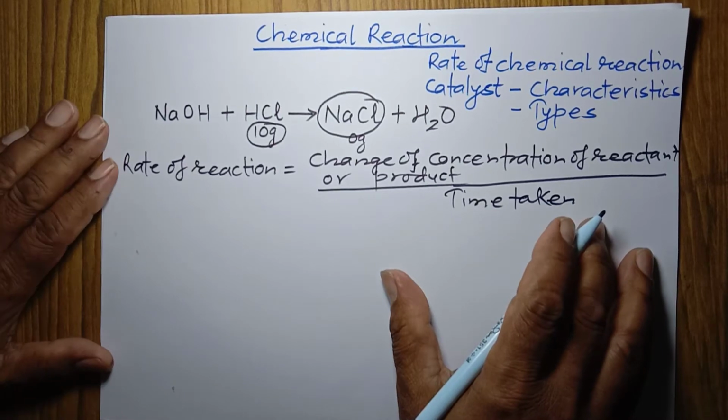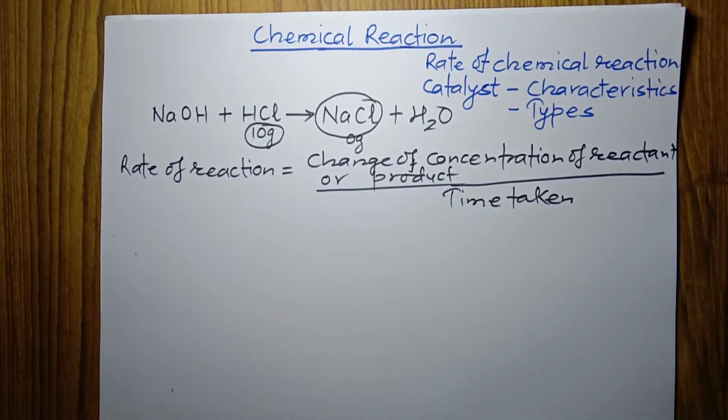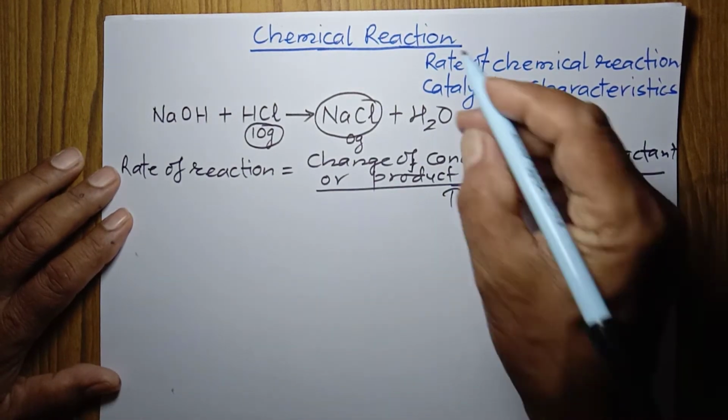Okay, this is the formula for calculation of the rate of chemical reaction. Okay, now this part is finished.